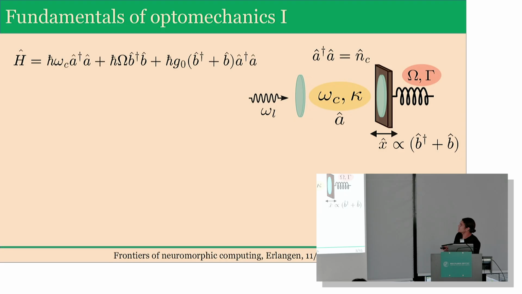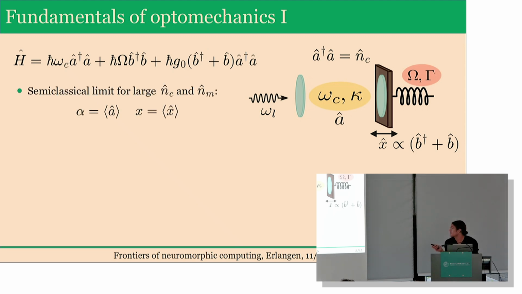To describe this system, you usually use a Hamiltonian of this kind, in which you can see that essentially it's two harmonic oscillators, one for the cavity and one for the mechanical degree of freedom, and an interaction term, which is essentially the coupling between the position of the mirror and the cavity population. Allow me now to fast forward a little, and I will consider the semi-classical limit.